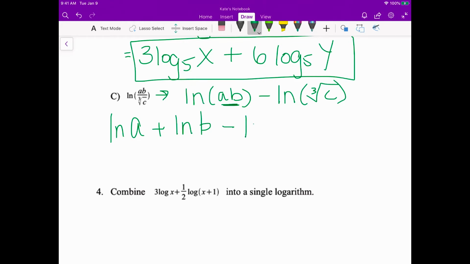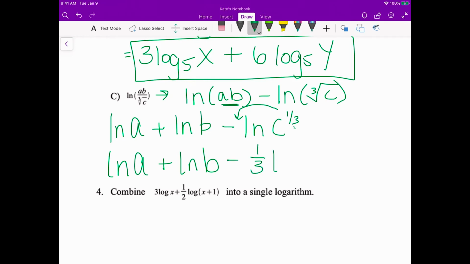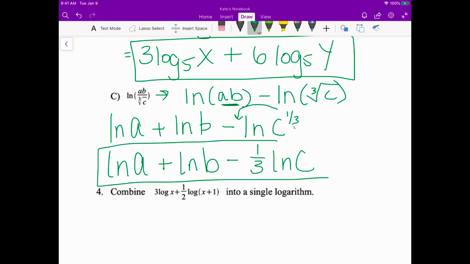So this would be the natural log of c to the 1/3. So instead of it being a root, I can write it like this. This gives me an exponent. And remember, exponents become coefficients. So this will become the natural log of a plus the natural log of b minus 1/3 times the natural log of c. And that is our final answer.